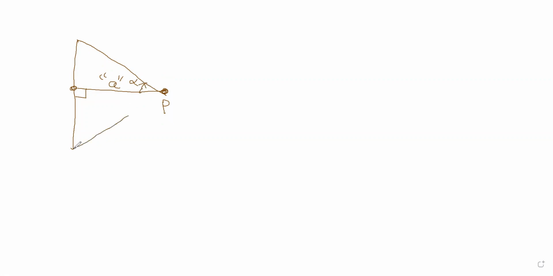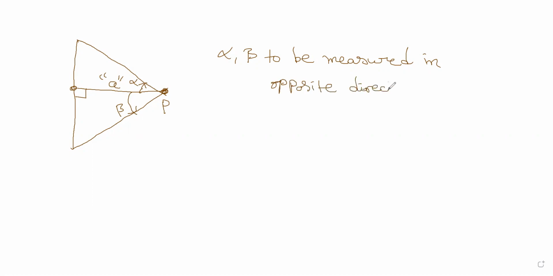From the bottom of the conductor, you join another line, and this angle measured is beta. Alpha is clockwise, beta is anti-clockwise. Both alpha and beta have to be measured in opposite directions. That is most important.